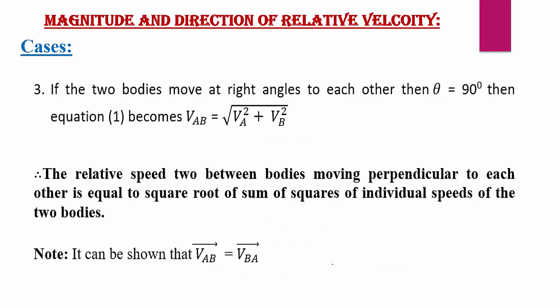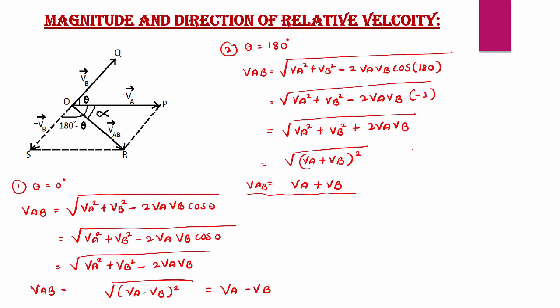Then come to the third case. If two bodies are moving at right angles to each other, theta equals 90 degrees, then equation 1 becomes... Here theta equals 90 degrees. Substitute the value. VAB equals square root of VA square plus VB square minus 2 VA VB cos 90.